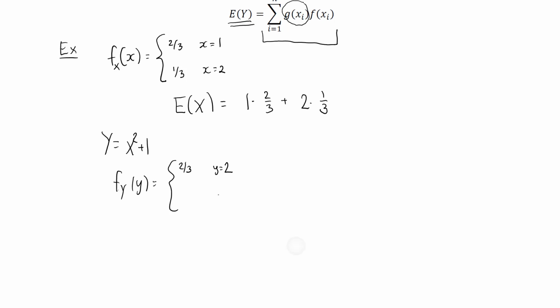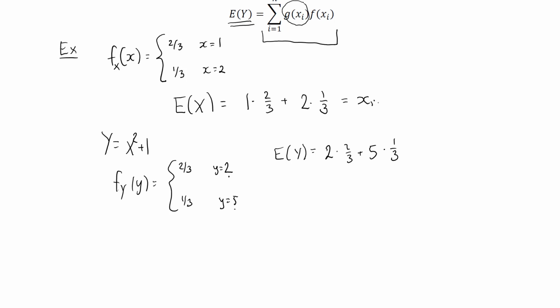Whenever X is 2, Y will become 5. So 1/3 probability of this. So the expected value of Y is then 2 times 2/3 plus 5, which is the second possible value, times 1/3. And you can see what's happening here.